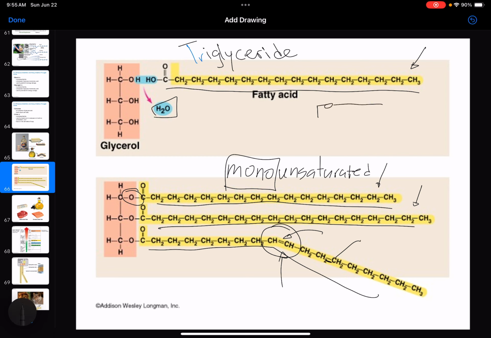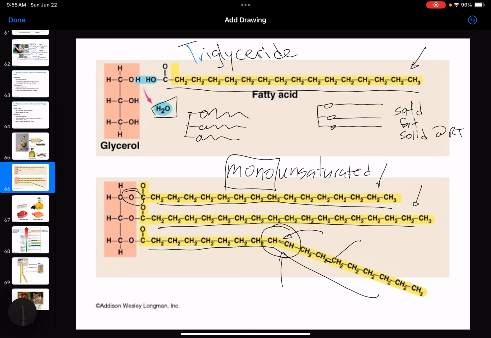I'm just simplifying it now. See, all three fatty acids are straight. This would be saturated fat, solid at room temperature. But what if you had this kind of fat instead, with a bunch of double bonds, creating a bunch of bends and different angles?